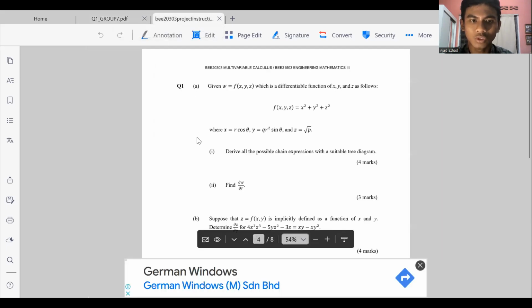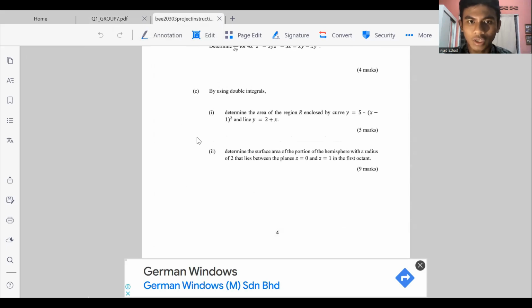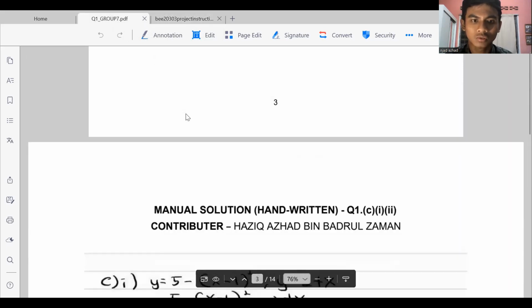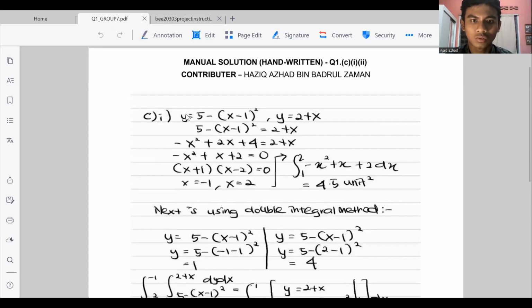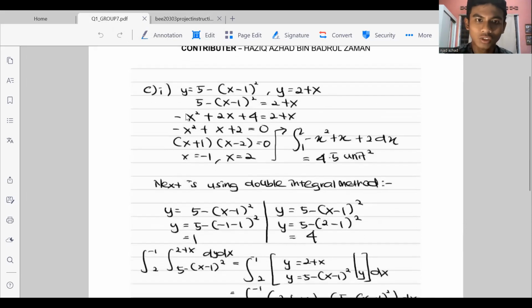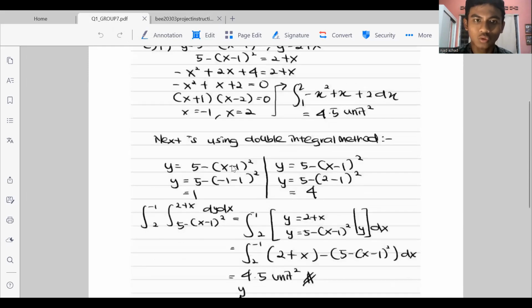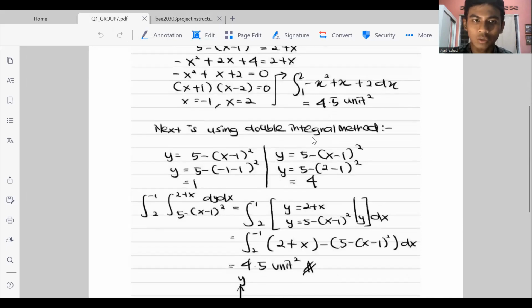And finally, for question C, which is to determine the area of region R and determine the surface area of the position hemisphere by using double integral. First, we need to factorize the equation, and we will get the answer, which is x equal to -1 and 2. Then by using the integral, we will get y equal to 1 and y equal to 4.